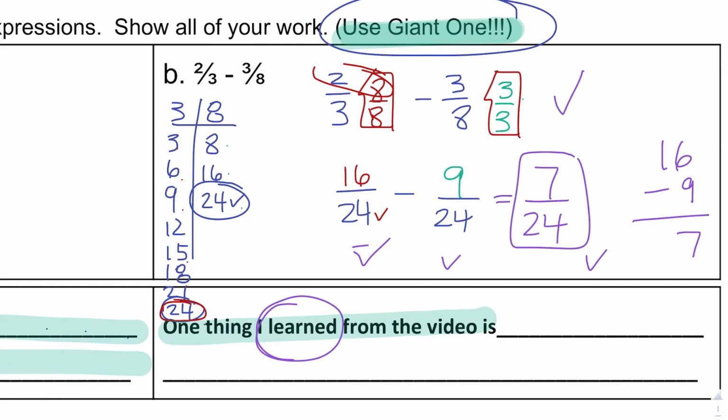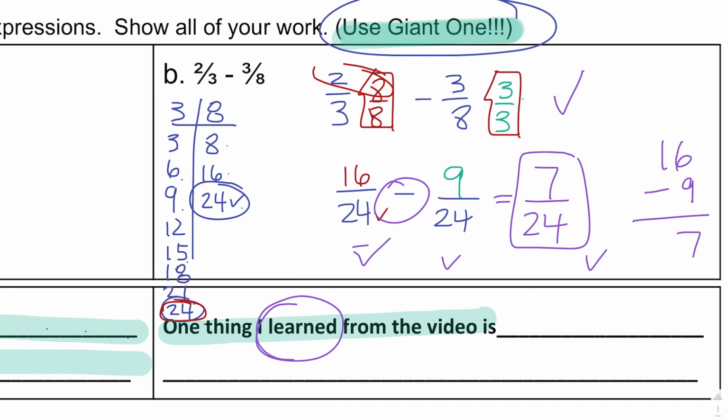Well, if you learned that you needed to find the common denominator, write that down. You learned that you needed to multiply the giant 1 with the numerator as well, write that down. Tell us what you learned. Please do not say, I learned how to subtract. If you made a mistake by adding instead of subtracting, then say, next time, one thing I learned from the video is that I need to make sure I'm reading the operation properly.